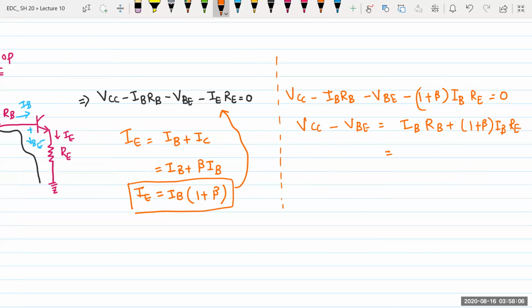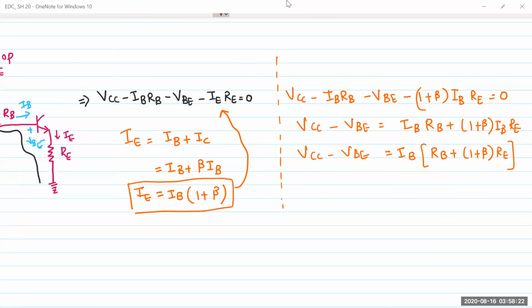I'll take IB common, so in the bracket I get RB plus 1 plus beta times RE, which is equal to VCC minus VBE.